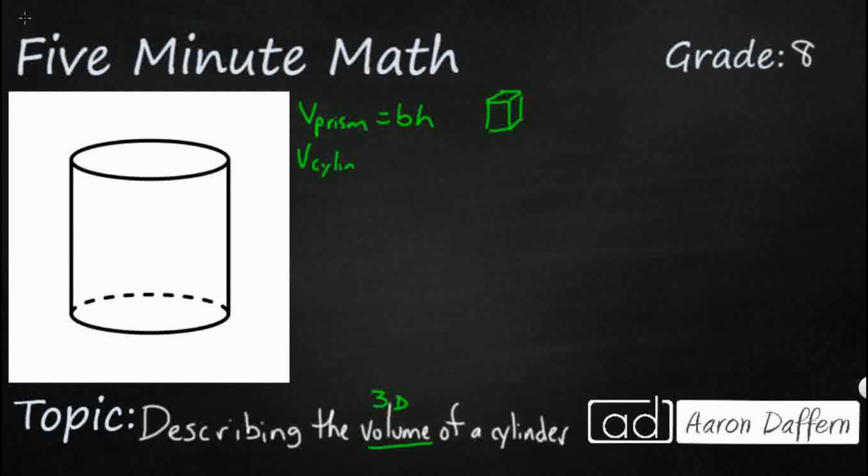Well, it's the exact same. Now, the bases are different. Height is the same. The change here is the base. The base of this cylinder is a circle. The base of that prism is a square, or we could do a rectangular prism. So it's going to be a different base. But it's going to be base times height.